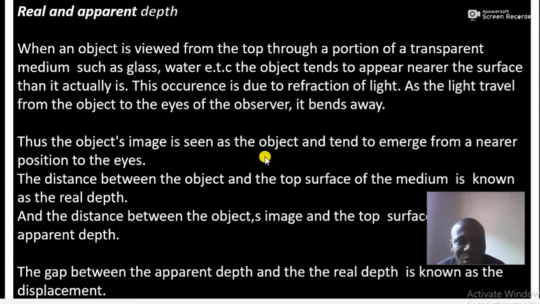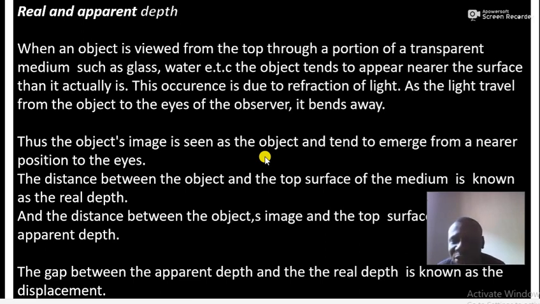Light travels from the object in the medium where the object is kept. On reaching the interface separating that medium, say glass or a transparent liquid, let's say water, the ray of light will bend away from its actual course. That means it will be refracted.